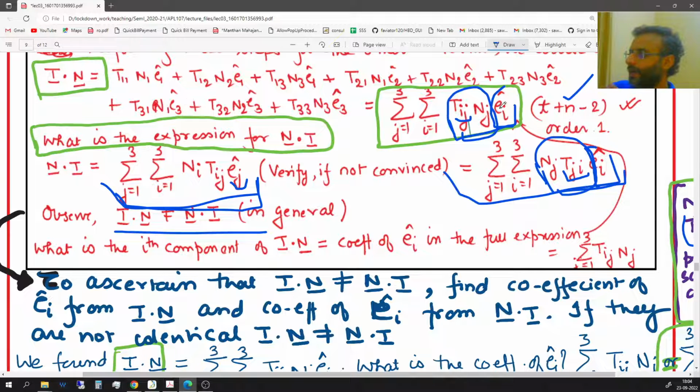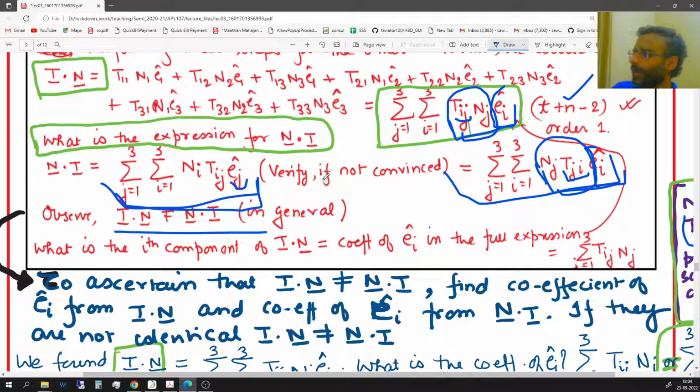So here I am having t as 2, n as 1. So 2 plus 1, 3, minus 2. So the order is 1, which is also in line with the expression that I have in Cartesian coordinate system. Same will be the conclusion here for n dot T. 2 plus 1, 1 plus 2 minus 2, that will give you the order of the resulting tensor.